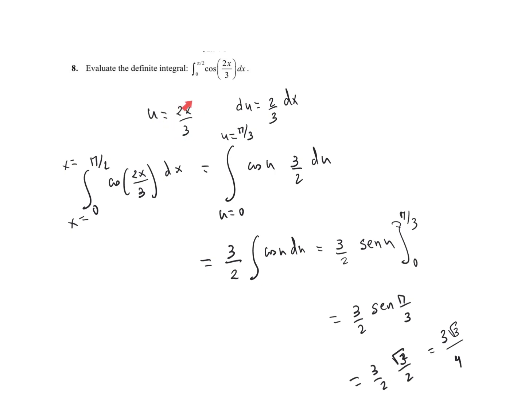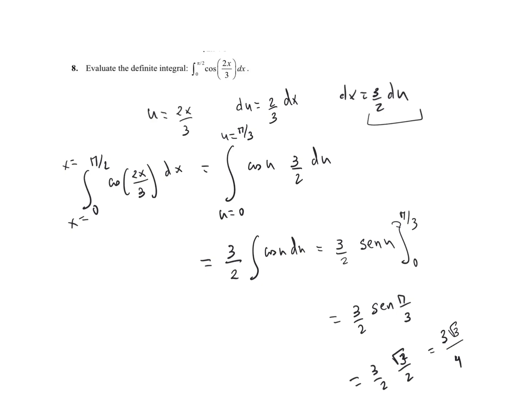Because if u equals 2x divided by 3, the derivative of u with respect to x is 2/3. So du is 2/3 dx. The 2/3 doesn't appear here, but dx does. So dx is 3 divided by 2 du. When I see dx, I will replace it by 3/2 du.